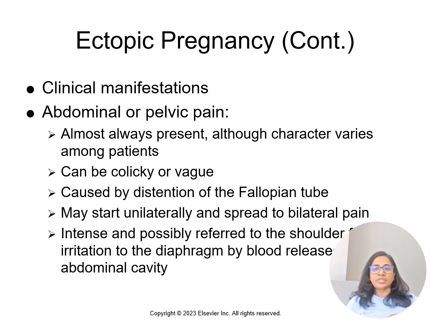The phrenic nerve is the nerve which supplies the diaphragm, and it also has innervation to the shoulder. So it's kind of a radiating pain. The reason it radiates is because it affects the phrenic nerve roots. So the patient will have either right or left-sided pain, and then they would say, oh, it's also radiating to my shoulder. And that's very typical for ectopic pregnancy, because of the irritation of the diaphragm and the phrenic nerves.